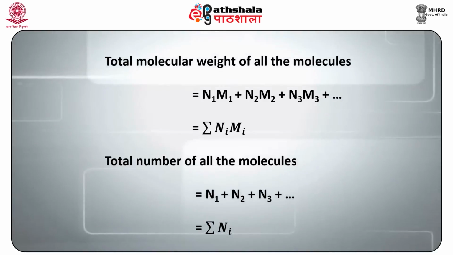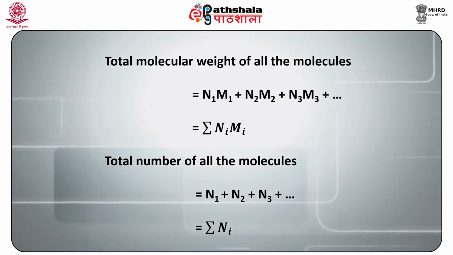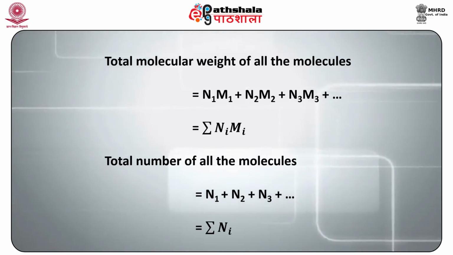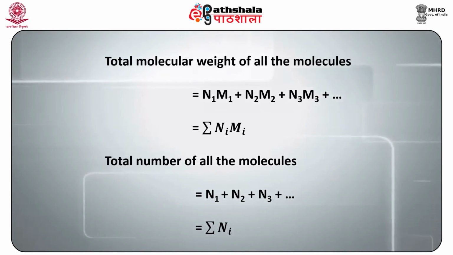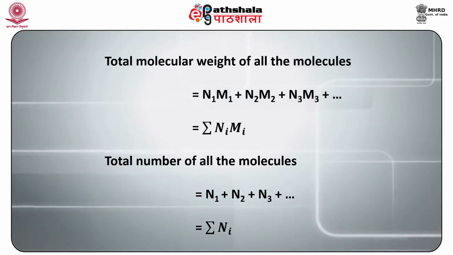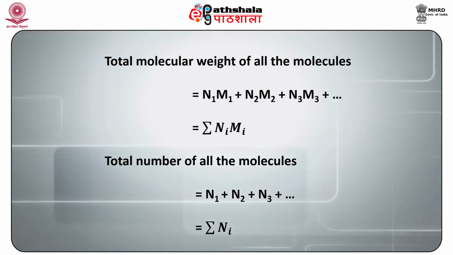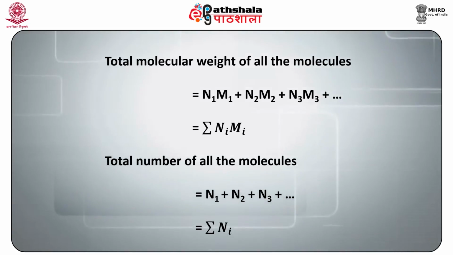Therefore, the total molecular weight of all the molecules becomes N1 M1 plus N2 M2 plus N3 M3 plus so on, which is equal to summation Ni Mi. Total number of molecules is equal to N1 plus N2 plus N3 plus so on, equals summation Ni.